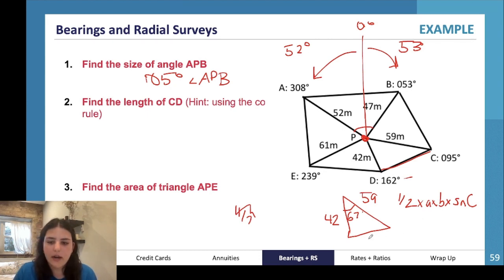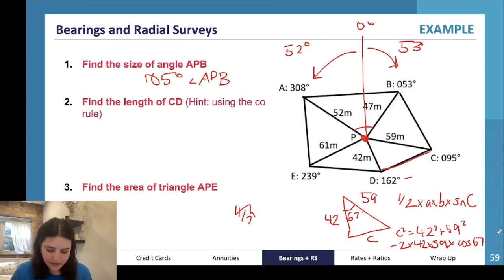This is going to be our C, and to find an opposite side, we can do C squared equals A squared plus B squared minus 2 times A times B times cos C, so cos 67. Pop all that in a calculator.